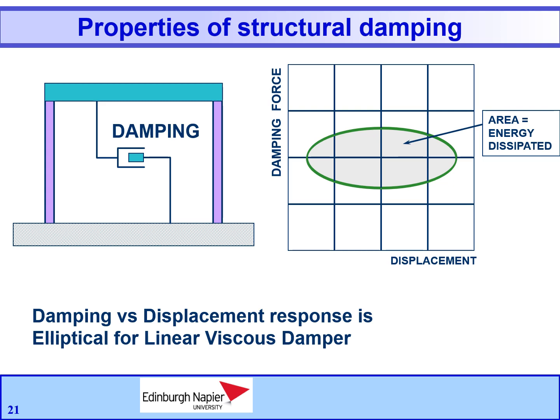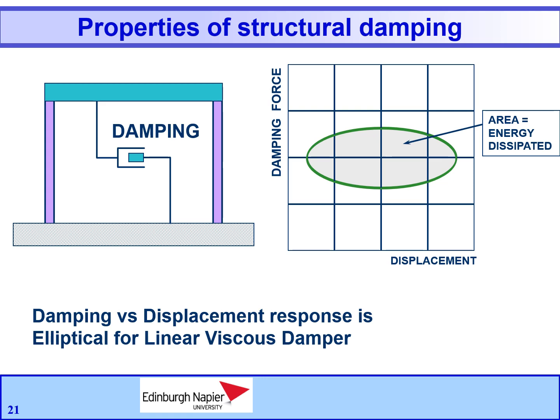As discussed earlier, the damping force, Fd, is related to the velocity, which is the first derivative of the displacement, across the linear viscous damper by a formulation that calculates the product of the constant c, which is the viscous damping coefficient, with the velocity.